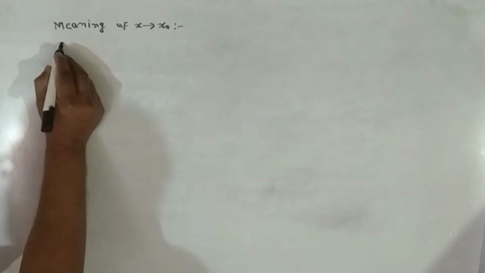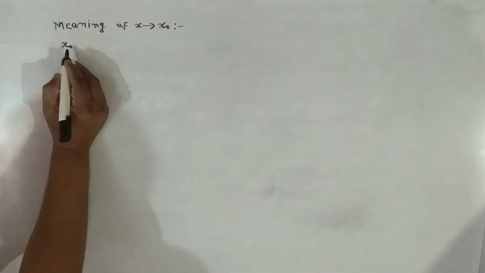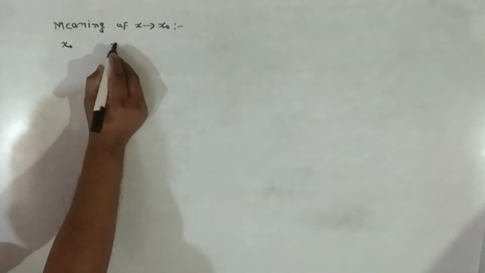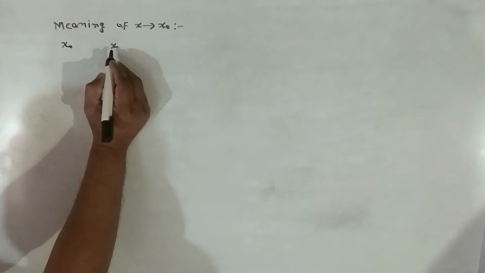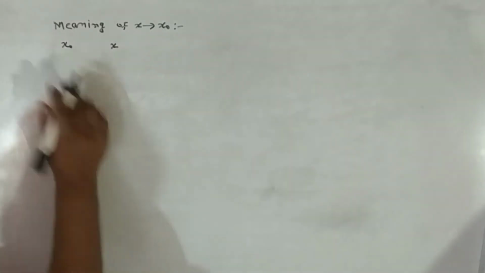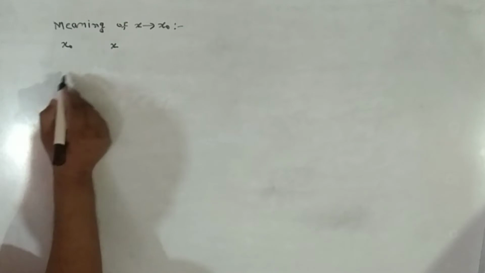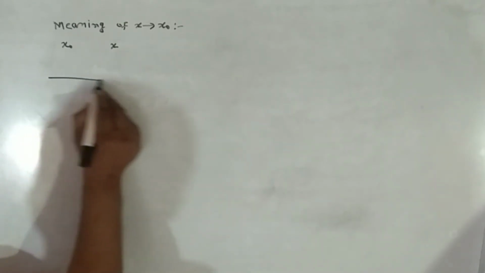Let x0 be a fixed real number and x be any real variable. These two quantities lie on the real line.